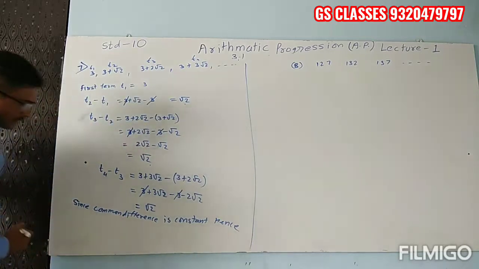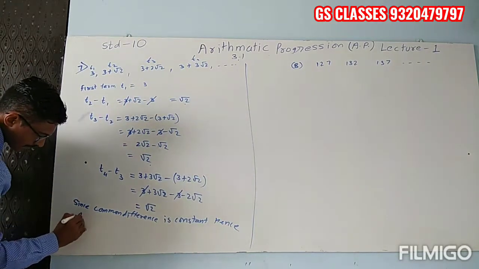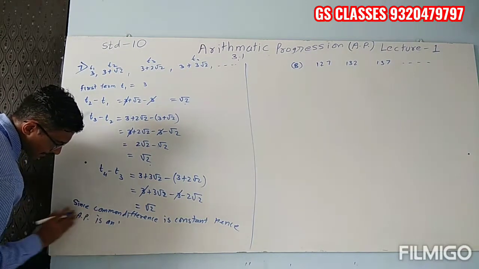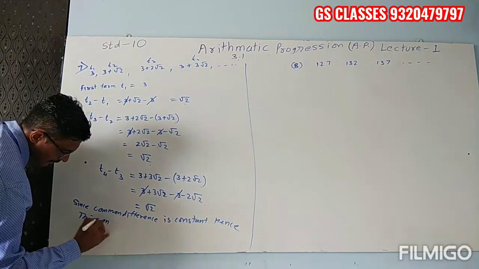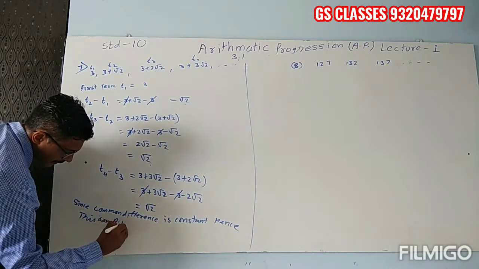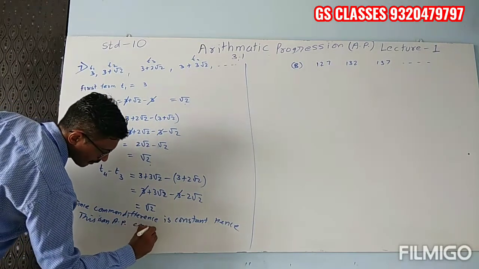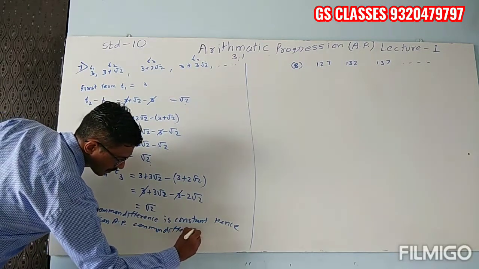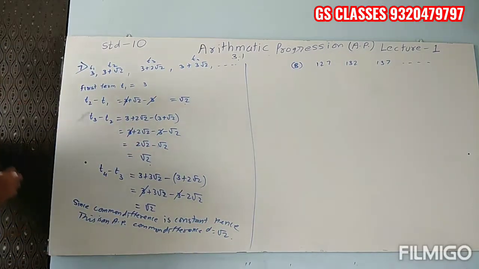Hence, since common difference is constant, hence this is an AP. Common difference D is root 2. This is your final answer.